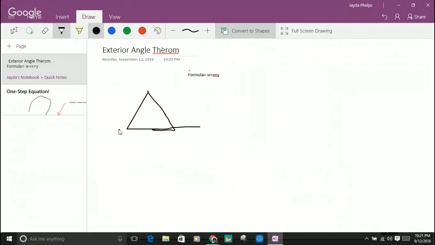Triangle. Its name is A, B, and C. Okay? The triangle is named ABC. Now, I don't want you to get confused if it says, what is the measure of this angle?